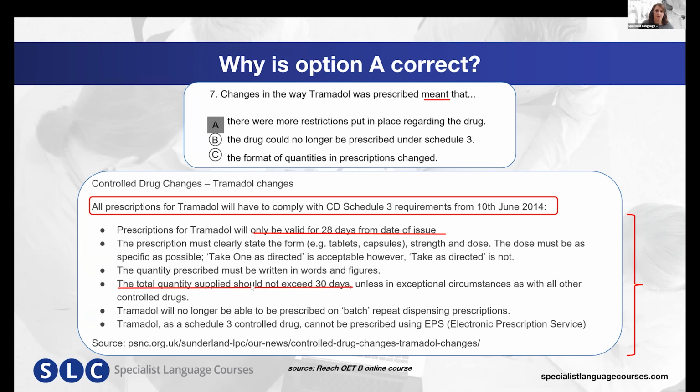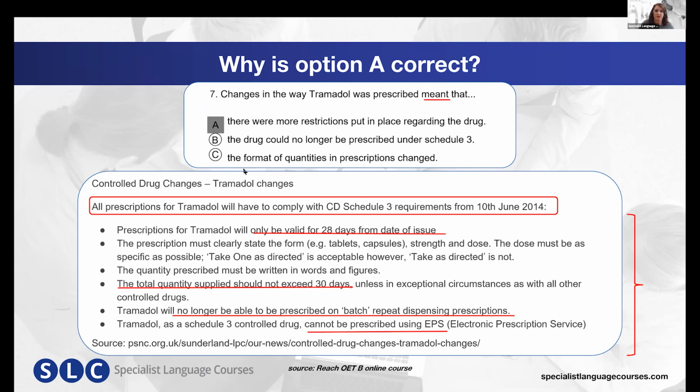Another restriction: the total quantity should not exceed 30 days. You can't prescribe on batch repeated dispensing prescriptions, and another restriction: it cannot be prescribed using EPS. So these details support this answer, that there were more restrictions put in place regarding the drug.